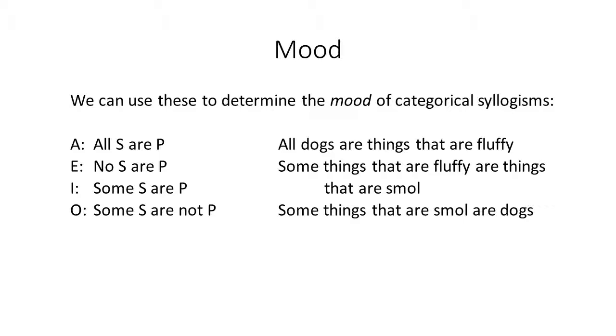Okay, so let's figure out the mood of this one. Again, what we're going to do is assign a sentence letter to the first premise, then to the second, and then to the conclusion. Why don't you give this one a try on your own? You can pause me or just wait for a second. So here's what you should have come up with.